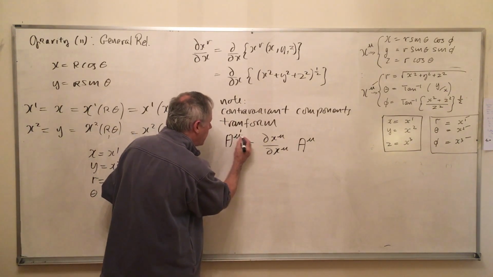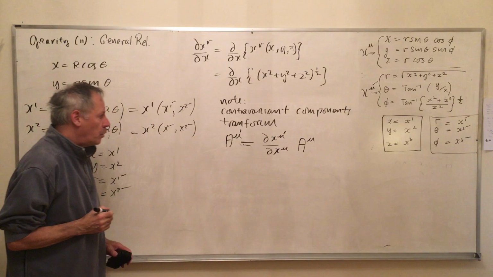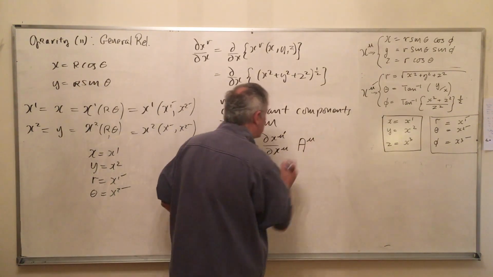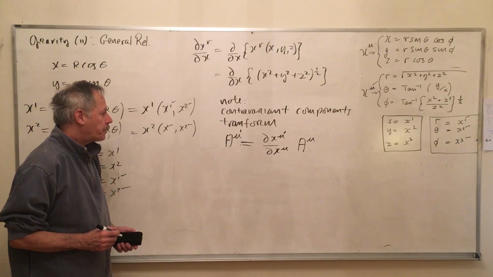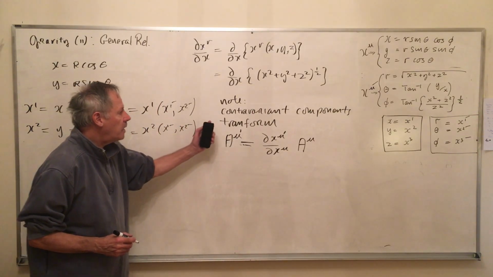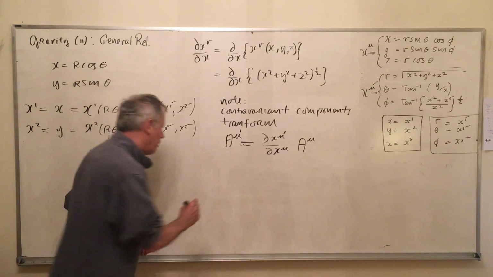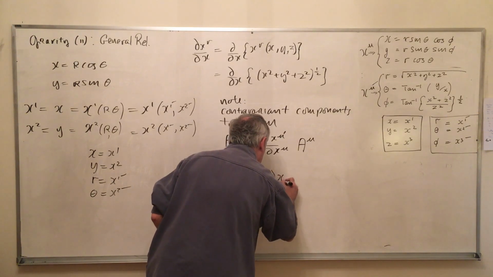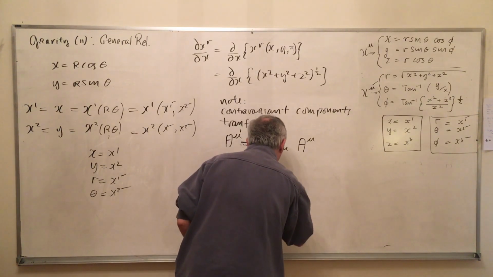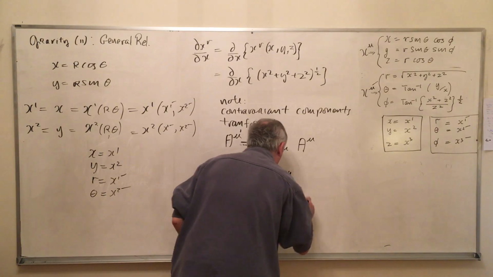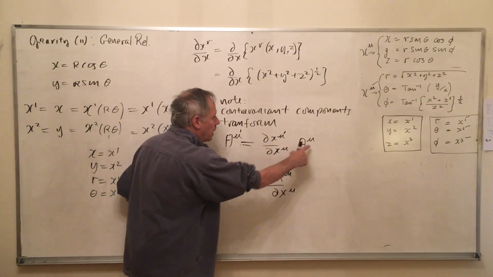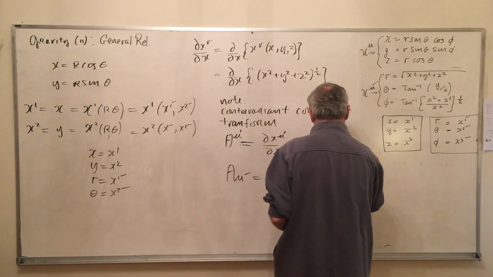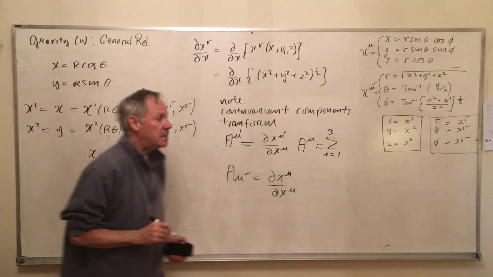If this is the free index, it refers to that one there with the dash upstairs for contravariant, and the old components of the vector were the A^mu. So this is how contravariant components of a vector transform. Now watch my mu's. These two mu's are repeated, so that means summed over. We're going to work in 3 space.